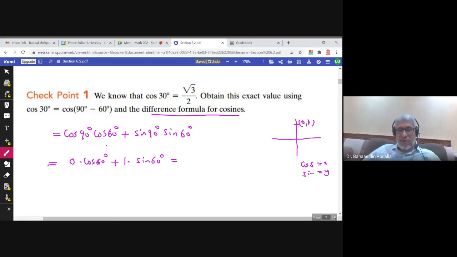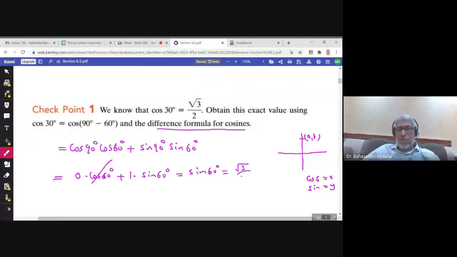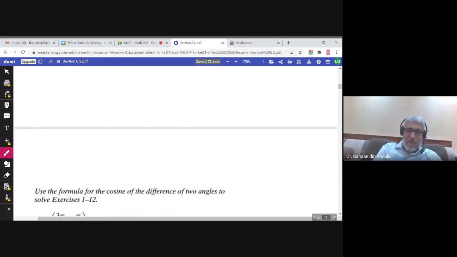So this is 0 equals sine 60, and using the triangle, sine 60 is square root of 3 over 2. So this is cosine 30. It's equal to square root of 3 over 2. So we obtain the value of cosine 30 using the difference formula for cosines.